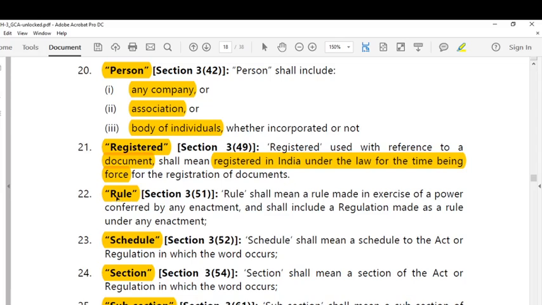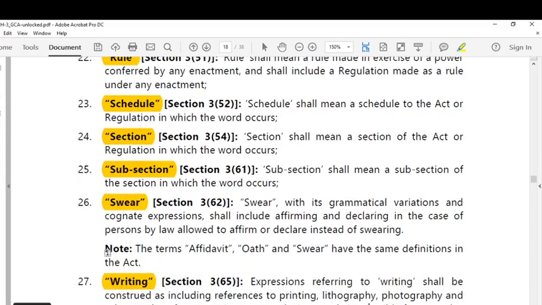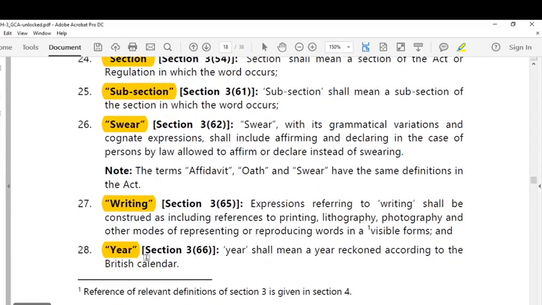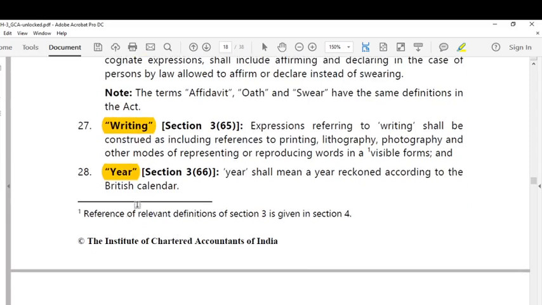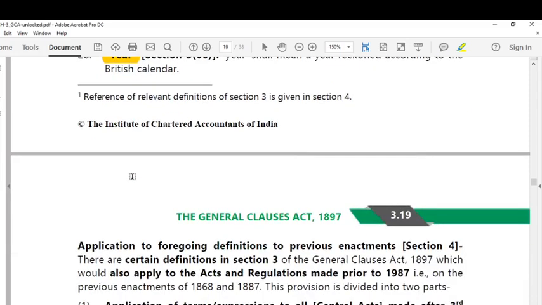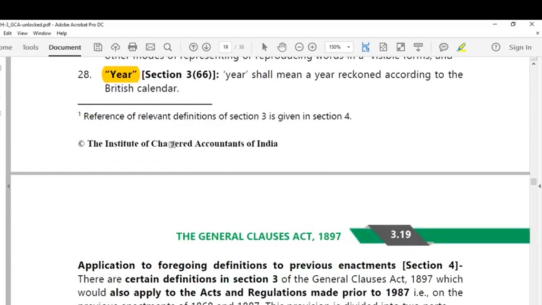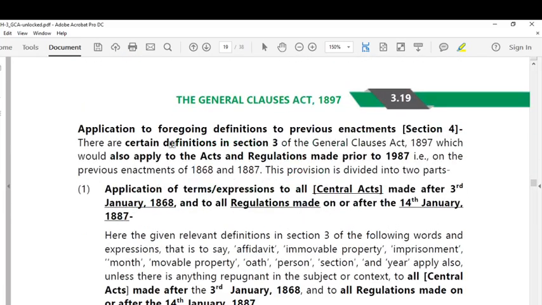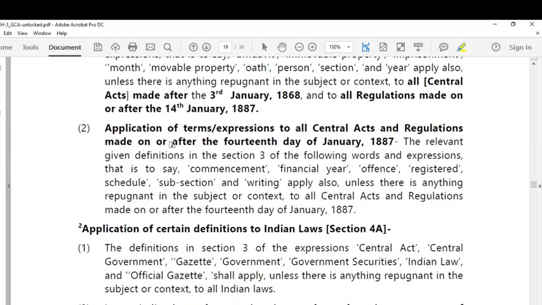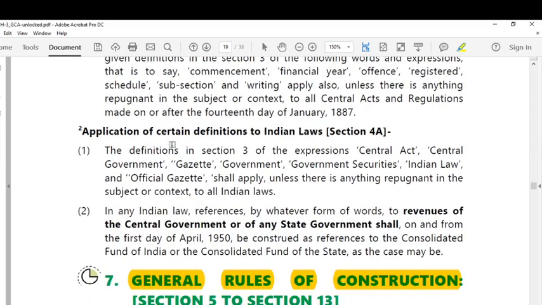Other definitions like rule, schedule, section, subsection, swear, writing, year, these are all one-sentence definitions, and students are expected to have a look at them, though there may not be a question exclusively for that.